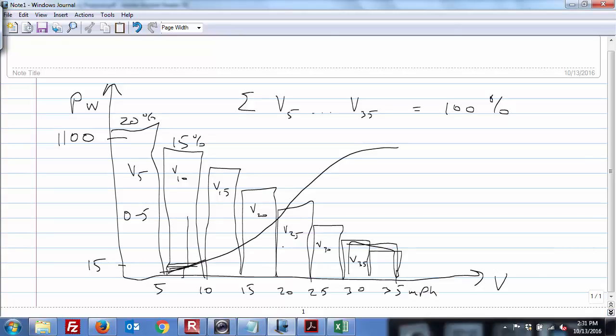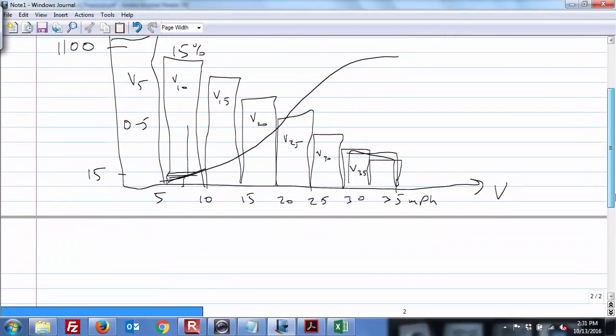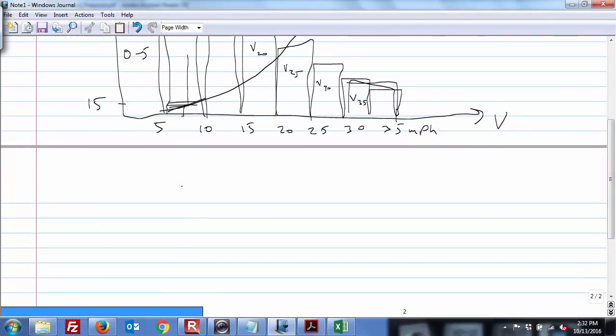And then we can just repeat the exercise for the rest of the curve. Okay, so let's just do it in seconds.